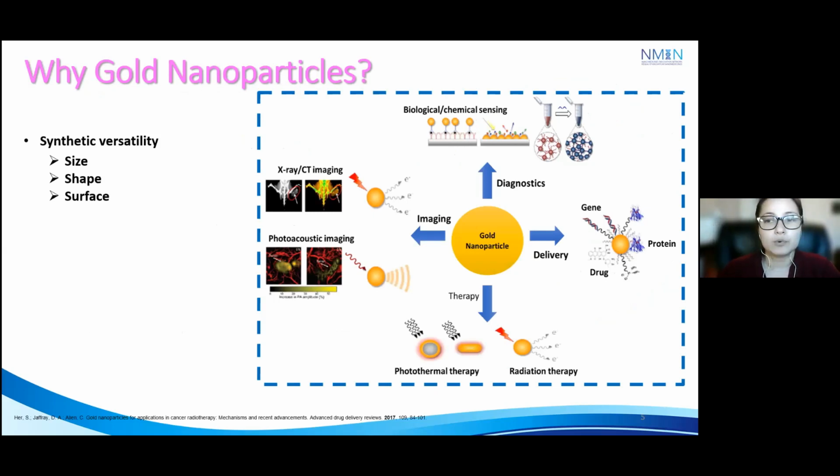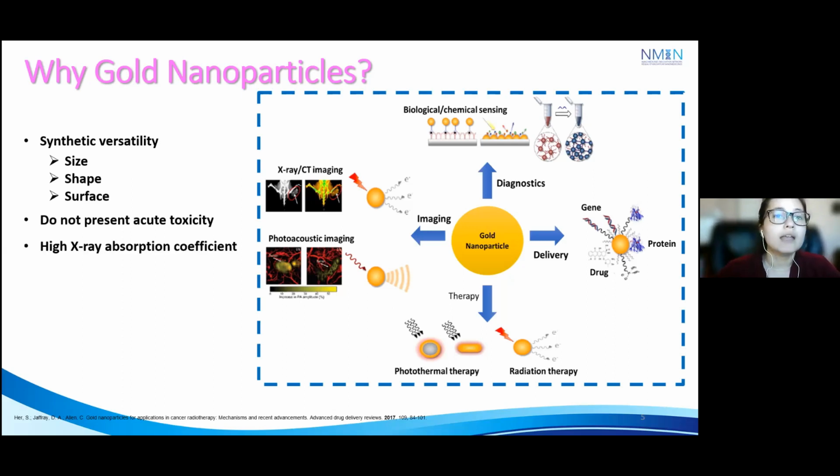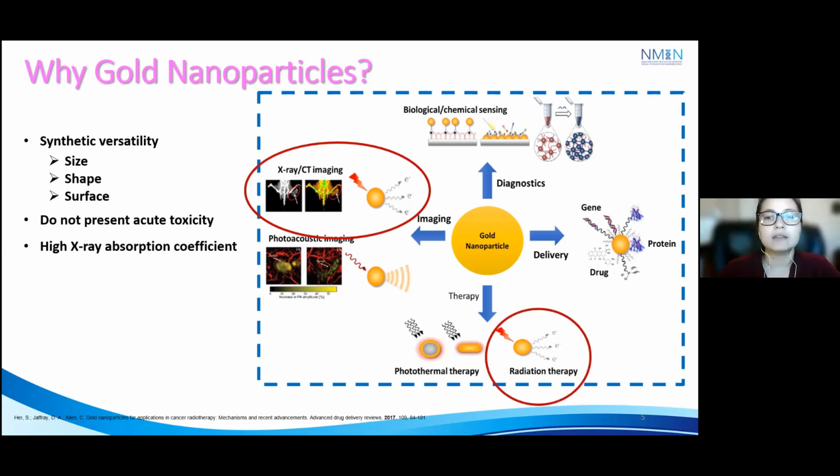For example, their easy attachment to amines and thiols allows gold to bind with different molecules for different treatments, such as gene therapy, protein, and drug. They do not present acute toxicity based on recent research. And the main characteristic that I'm interested in is their high X-ray absorption coefficient, which allows X-ray CT imaging and radiation therapy.